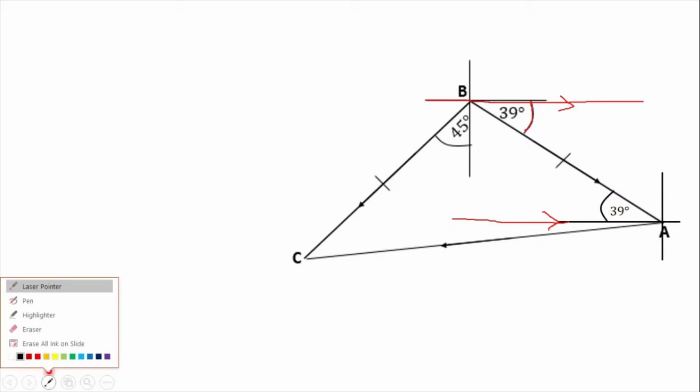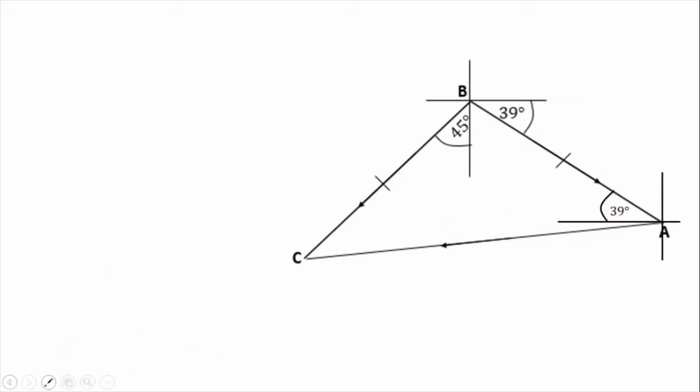Now look at something here. We just found out from the previous slide that this whole angle here is 42 degrees. Now we have found this part here to be 39 degrees. So the whole thing is 42 degrees, and we have been able to find this side here to be 39 degrees.